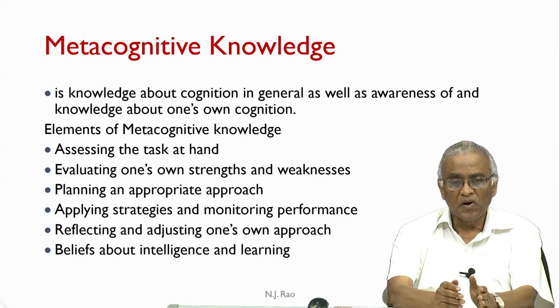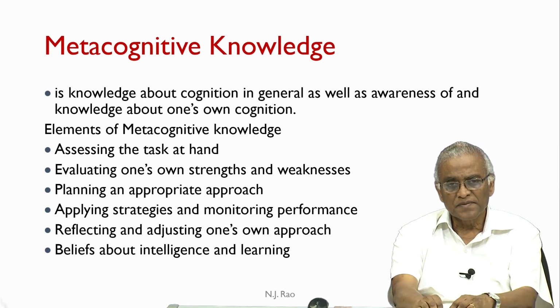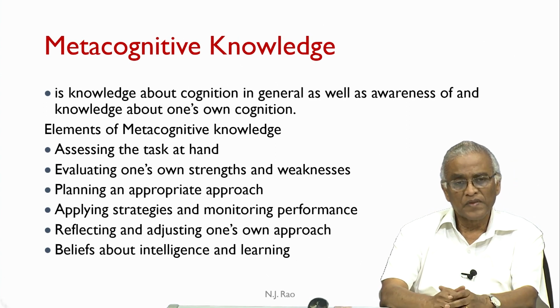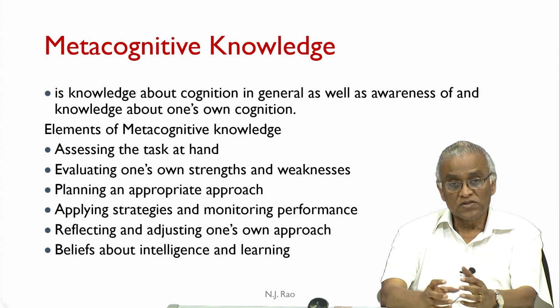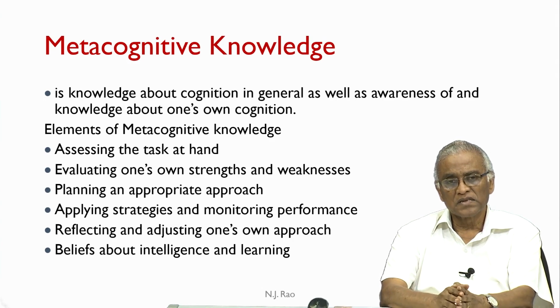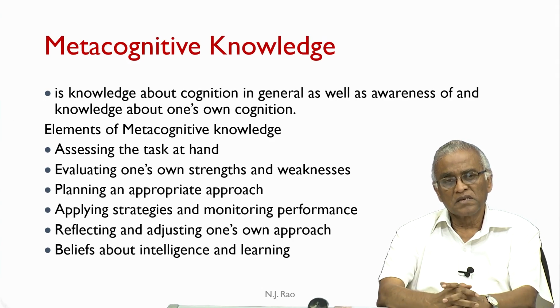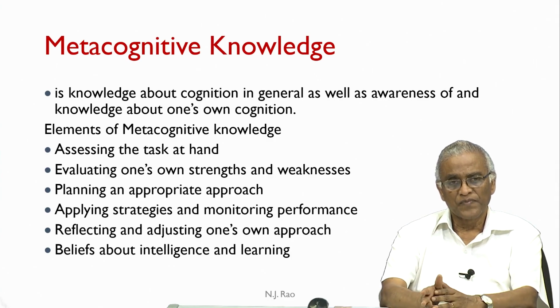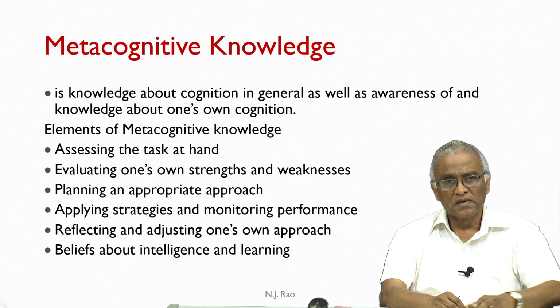Applying strategies and monitoring performance. Can I apply a strategy to learn something, and can I monitor my own performance, how well I have learned? Reflecting and adjusting one's own approach, beliefs about intelligence and learning. These are some elements of metacognitive knowledge, and this metacognitive knowledge can differ greatly from one learner to the other. We will see the implications of that.